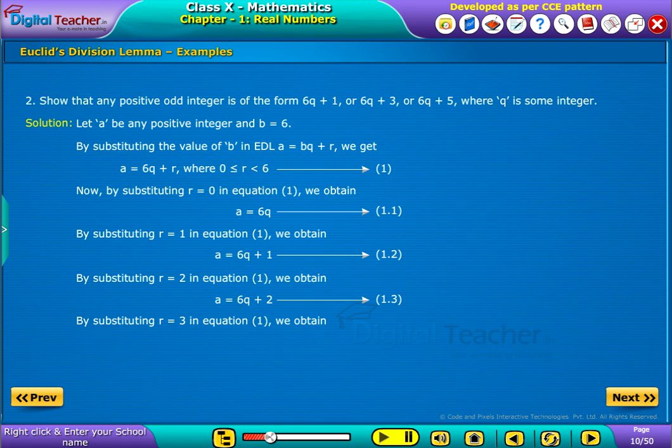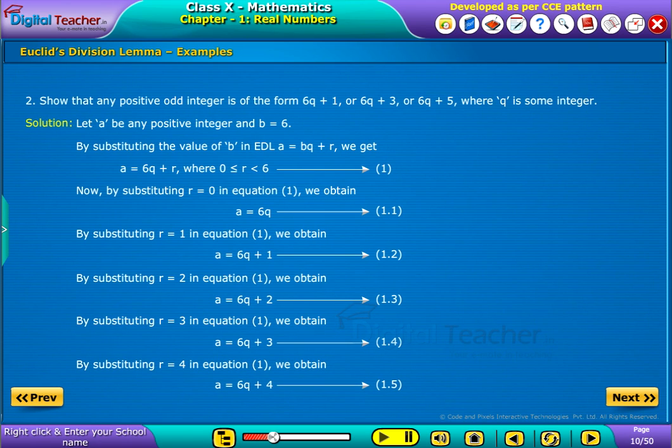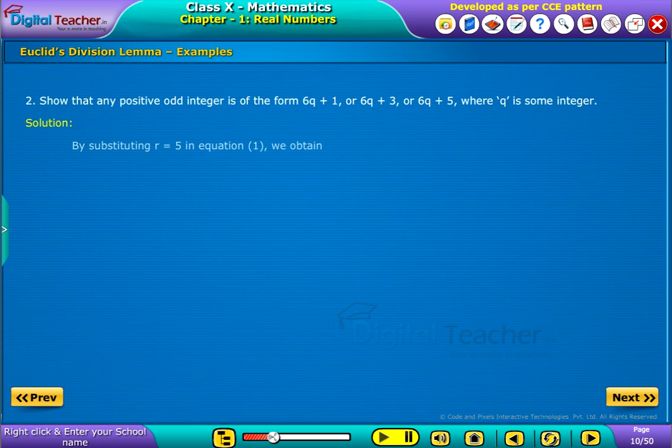For r equal to 3, a equal to 6q plus 3. For r equal to 4, a equal to 6q plus 4. For r equal to 5, a equal to 6q plus 5.